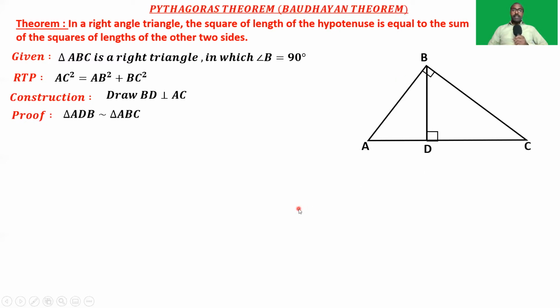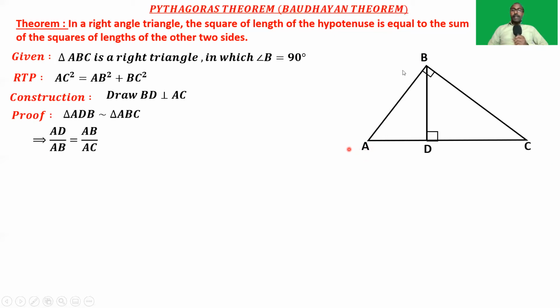And from this, we can write the ratio of corresponding sides is equal. That is AD by AB. Here, AD is the side of the base of the triangle ADB, and in the triangle ABC, the base is AB.